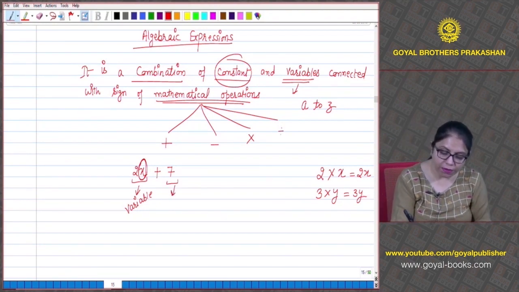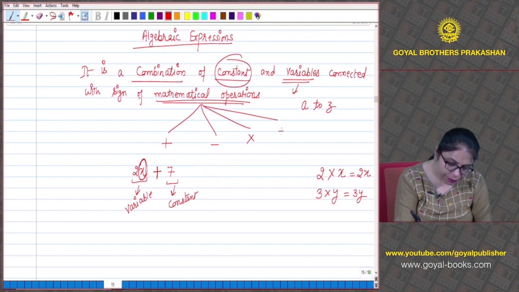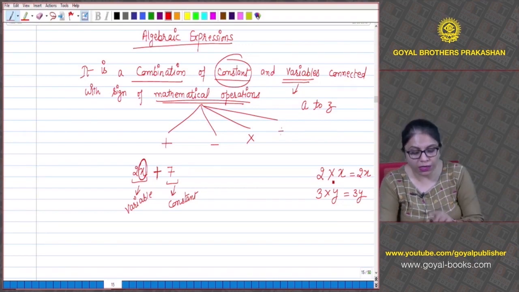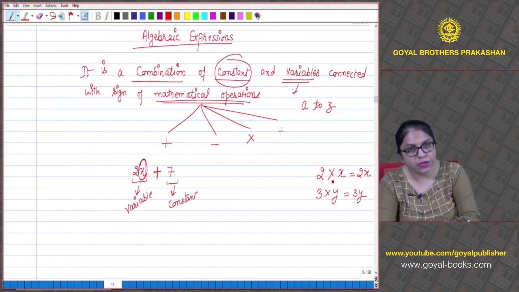And here 7 is what? 7 is constant. And the mathematical operation here is plus, and in case of 2x, multiply. That means we have used 2 mathematical operations. First is multiplication and second is addition. Okay. So the relation between 2x is 2 into x, and here we are adding.